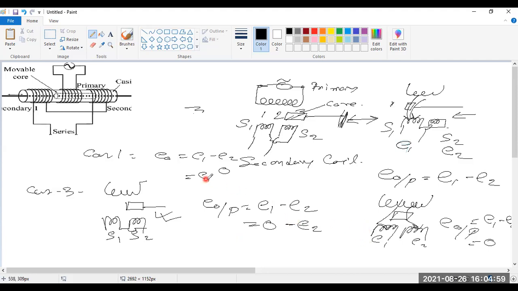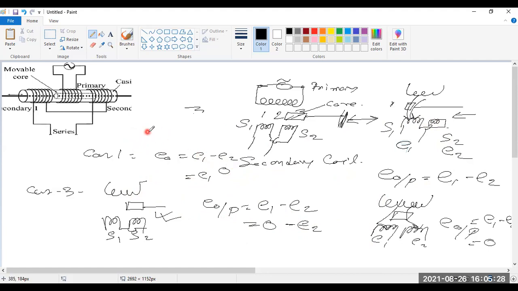This way we can get an electrical value for the changing or variable position. When the core is here, we get some positive value. When it is in between, it gives 0. When it is at S2, it gives only a negative value. And in between these positions, you can get any value, which we can calibrate to decide a scale position.